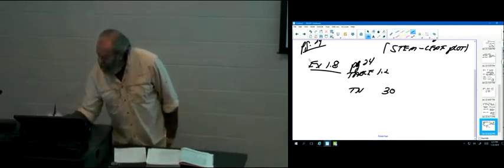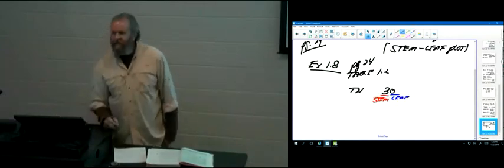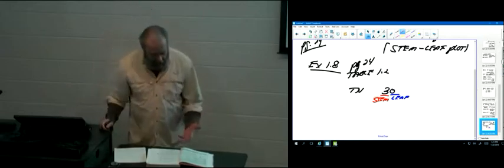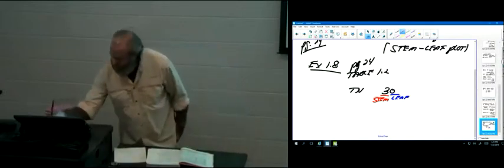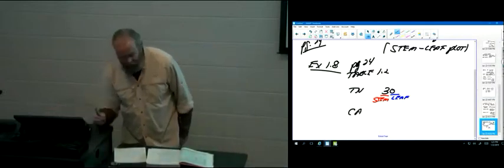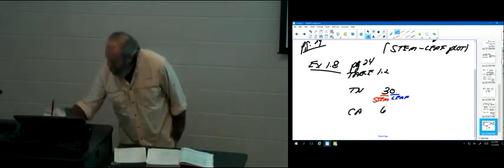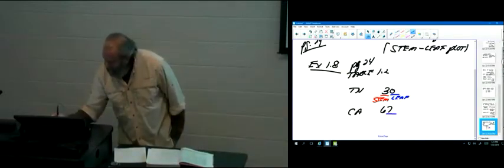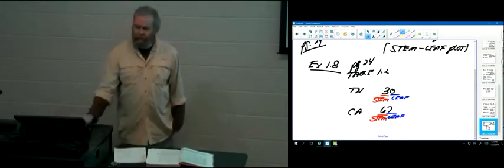Well, there is my leaf, there is my stem. Let's take a look at another one, like California. I'm just picking; I'd have to do it for all of them. California has 67. There is my leaf, there is my stem. Everybody okay with this, right?